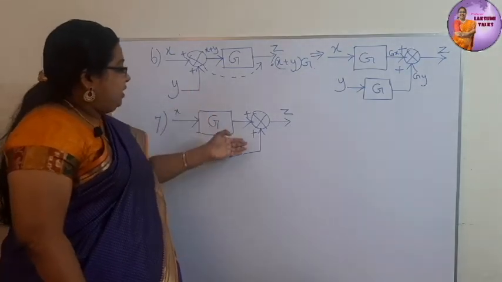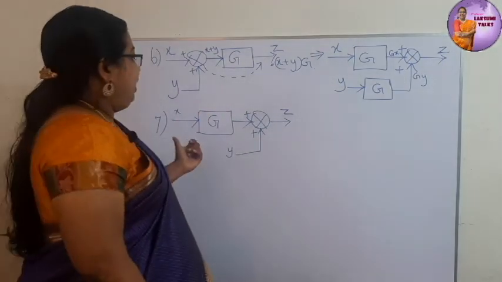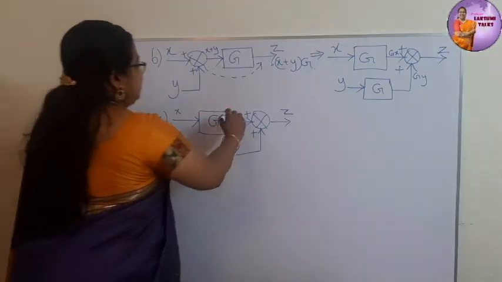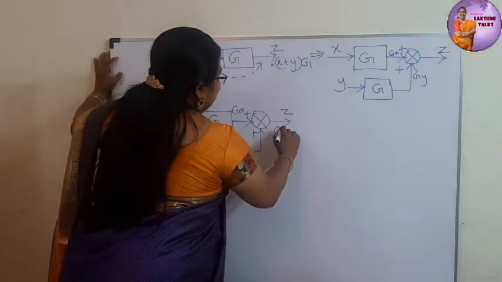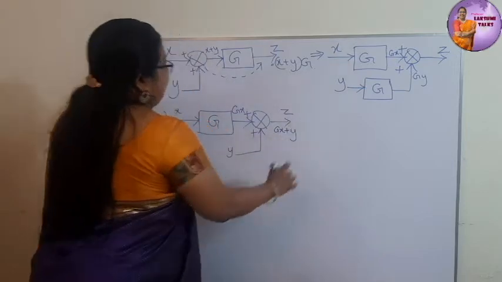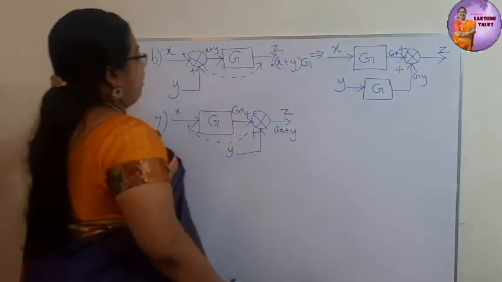Now, here we are moving the summing point before the block. What will happen? This is Gx and this is Y. Z is nothing but Gx plus Y. If we shift this summing point that side, then what happens?